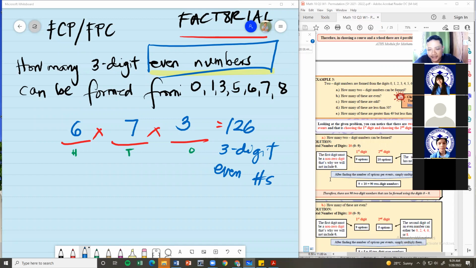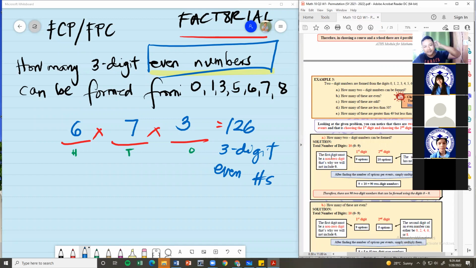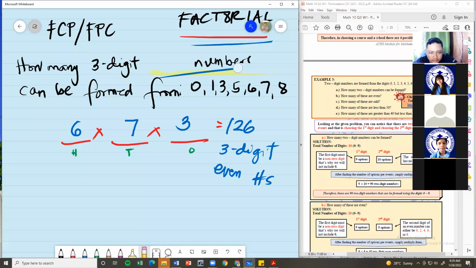Very good. See, ang dali lang na lesson natin. Okay, what if I change, lagyan natin ng konting twist. I change this. I don't like the even anymore. Le-level up natin yung restrictions natin. Okay.